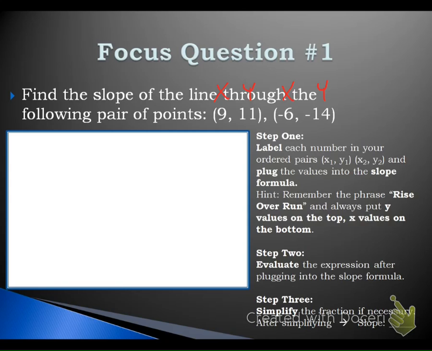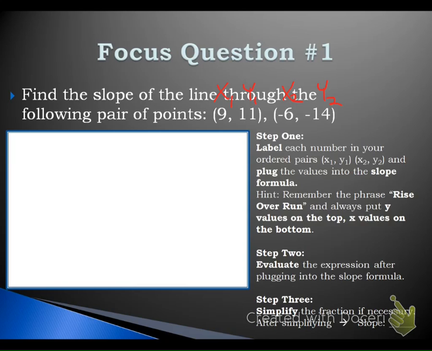And in that formula that we looked at before, that little 1 represents the first point and the little 2 represents the second point. So if you ever see a subscript next to a variable, that just means the first one and the second one. It does not mean times 1 or times 2 or to the first power or second power. Remember, exponents are up in the air. Subscripts are numbers that are down below and just help you identify which one.